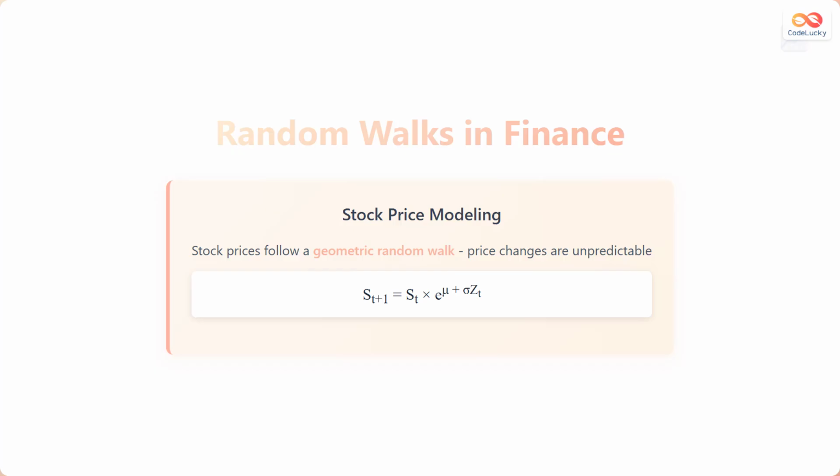In this formula, S_{t+1} represents the stock price at time t plus 1, S_t is the stock price at time t, mu represents the expected return, sigma represents the volatility or standard deviation of returns, and Z_t is a random variable that follows a standard normal distribution. This model suggests that stock prices evolve randomly over time, with changes depending on both a constant growth rate and a random component.